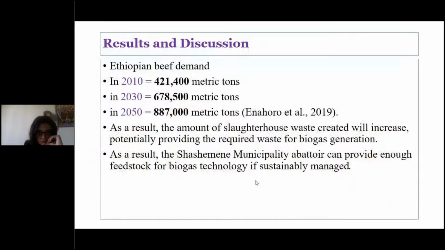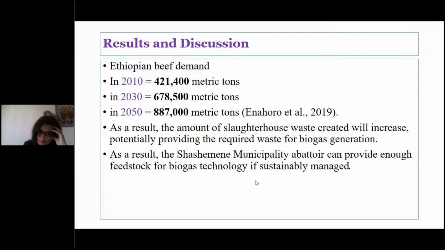In Ethiopia, the demand for beef in 2010 is estimated to be more than 421,000 metric ton. In 2030, it is predicted that Ethiopian beef demand will rise to more than 678,000 metric ton.